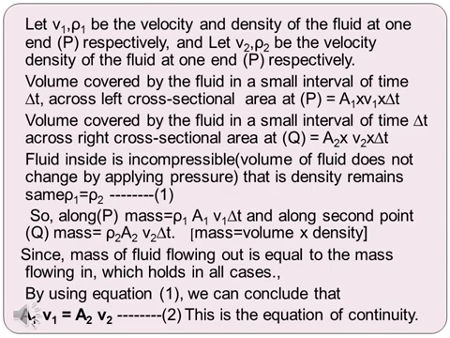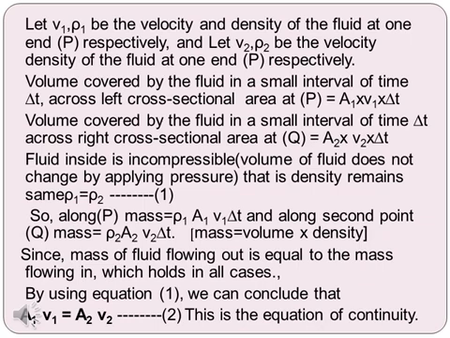Since distance covered is equal to velocity into time, which is v1 into delta t, where v1 is the velocity of the fluid particle at this point, volume is equal to A1 into distance covered, which is A1 into v1 into delta t.